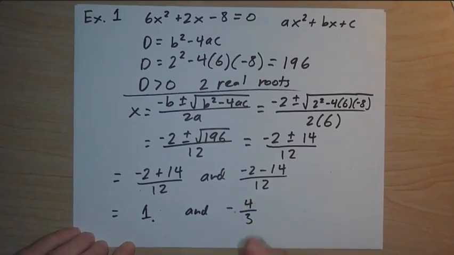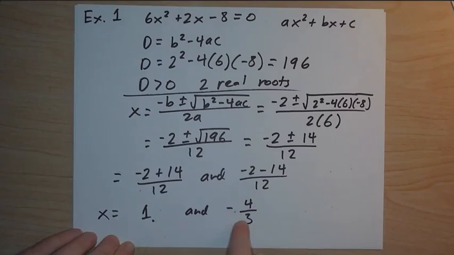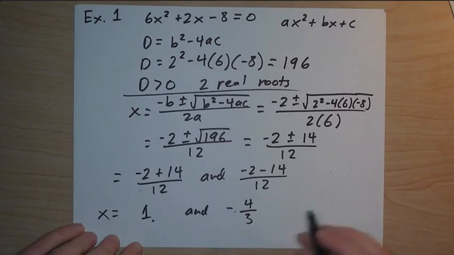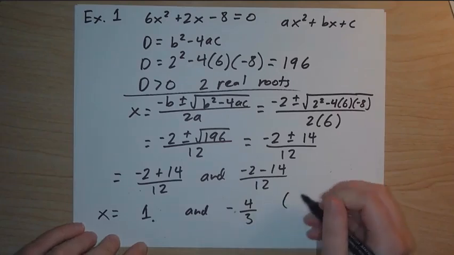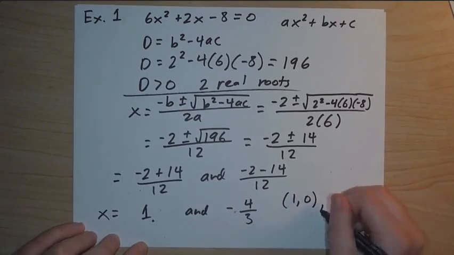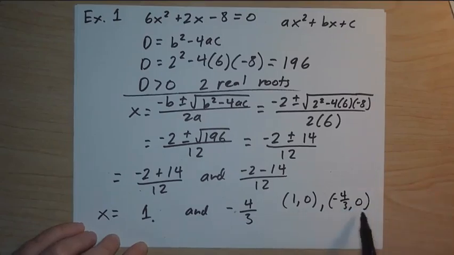So we have two solutions, two real roots, where x is equal to 1 and x is equal to negative 4/3. These are also our x-intercepts, at the points (1, 0) and (negative 4/3, 0). So these are our x-intercepts and our real roots.